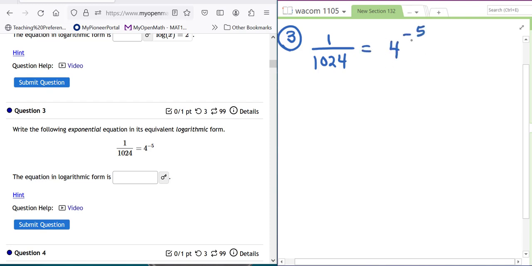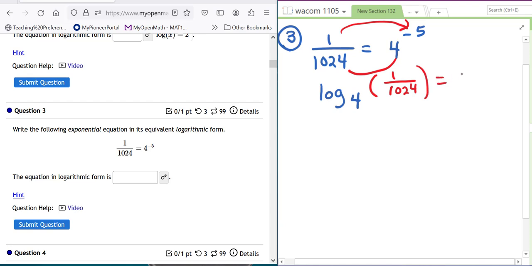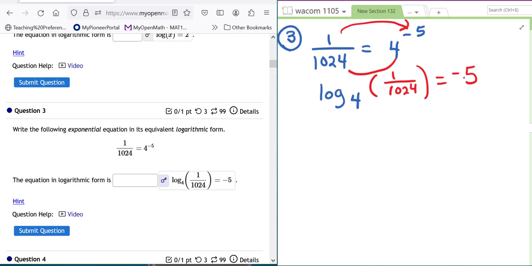So this is exponential form. Here's your base. So log base 4, and you're going to go from there to the other side, land at your exponent. Log base 4 of 1 over 1024 equals negative 5. Sorry about the color switch there.